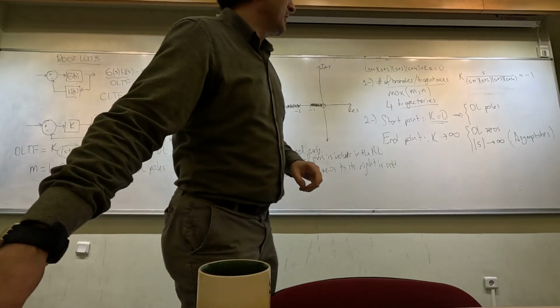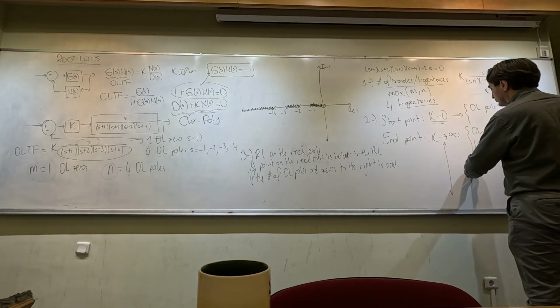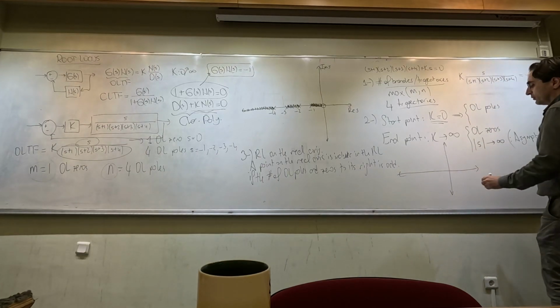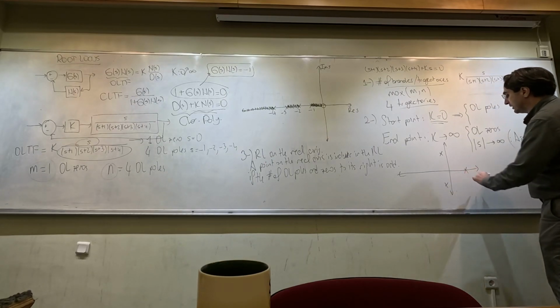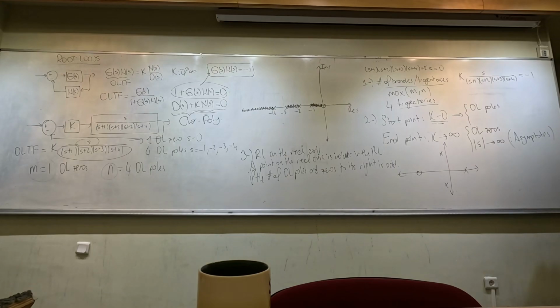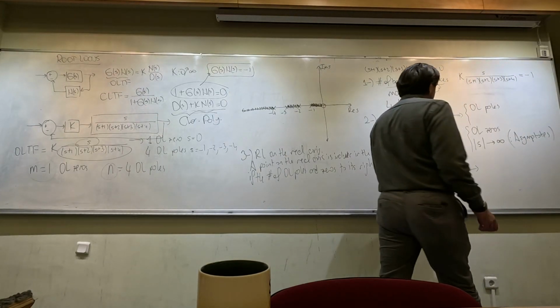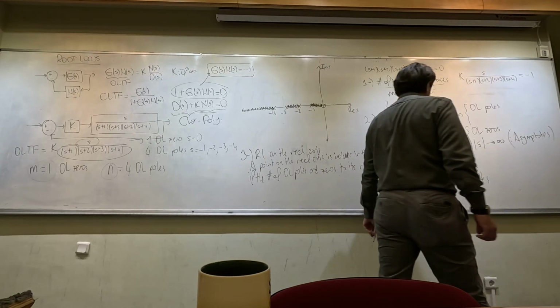So if I instead have these open loop poles and zeros, so let me say that, for example, I have 2 open loop poles here and 1 open loop pole here, and let me say that there is a 0 here. Okay? So in this case, I will fill in the real axis as follows. I have real s, imaginary s here.